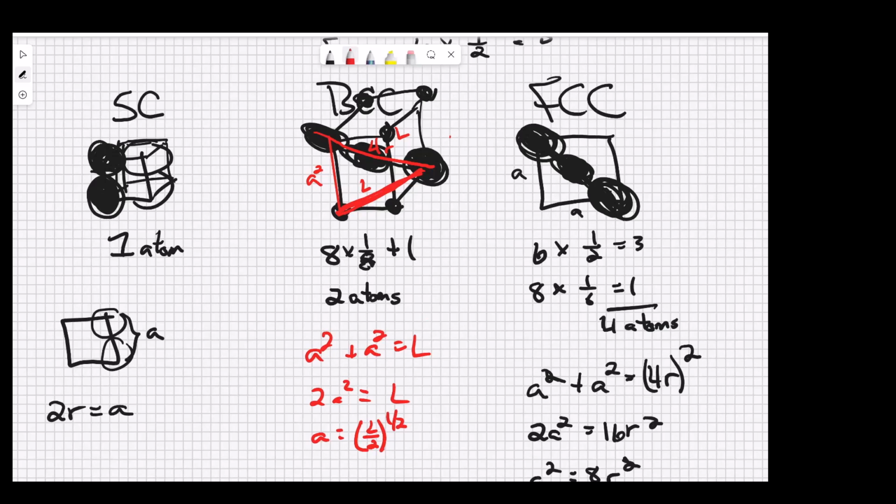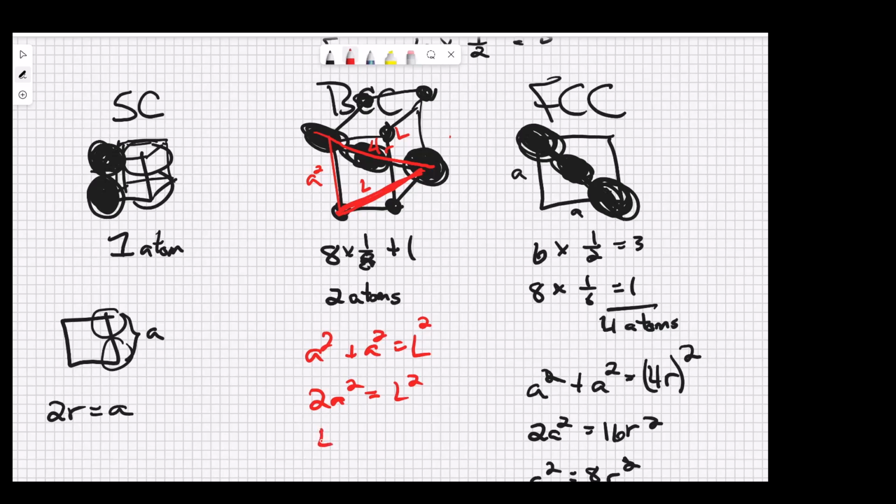Why is it L over? This should be squared actually right there, right? A squared plus a squared equals L squared. So we've got to rework. That's my bad. So this is 2a squared is equal to L squared. And so L is what we're after.